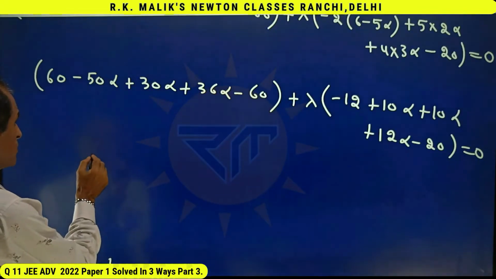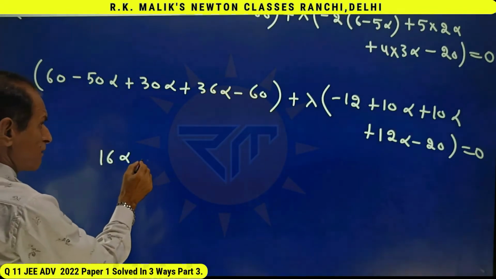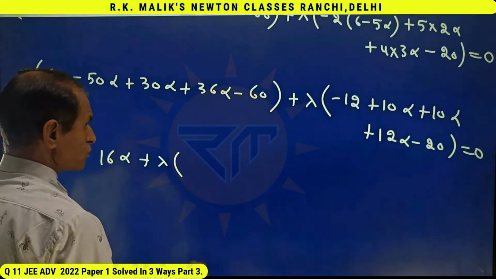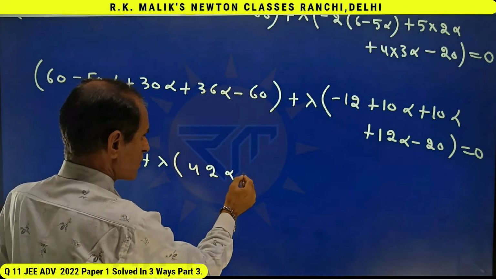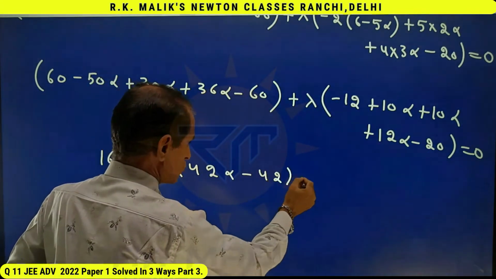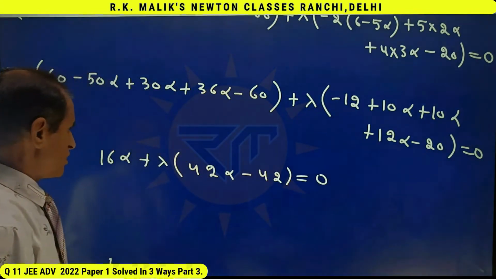That is, I will get 16 alpha plus lambda into 42 alpha minus 42 equal 0.